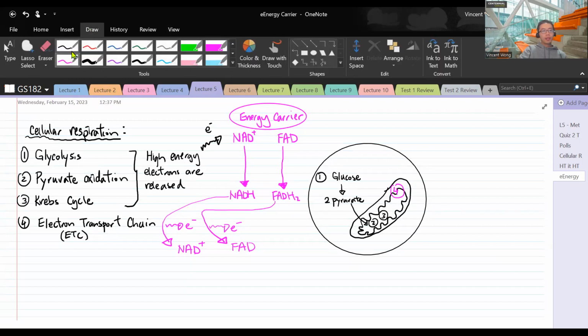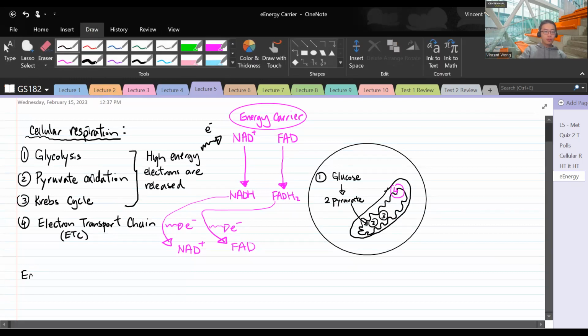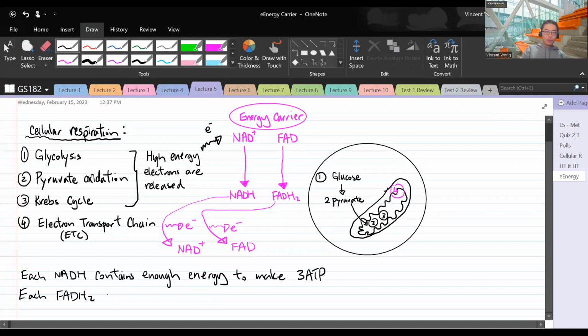Okay. So another thing that you should know is that each NADH contains enough energy to make 3 ATP, whereas each FADH2 contains enough energy to make 2 ATP.